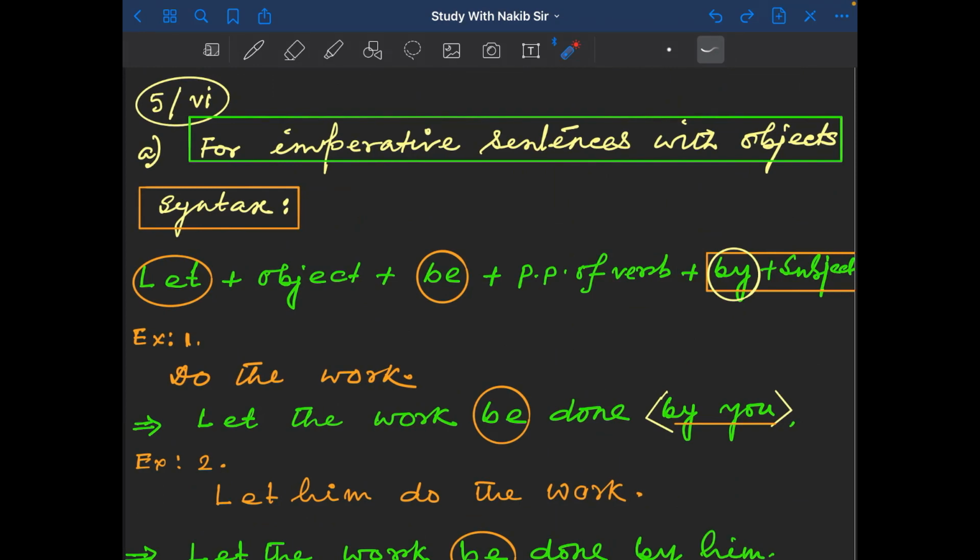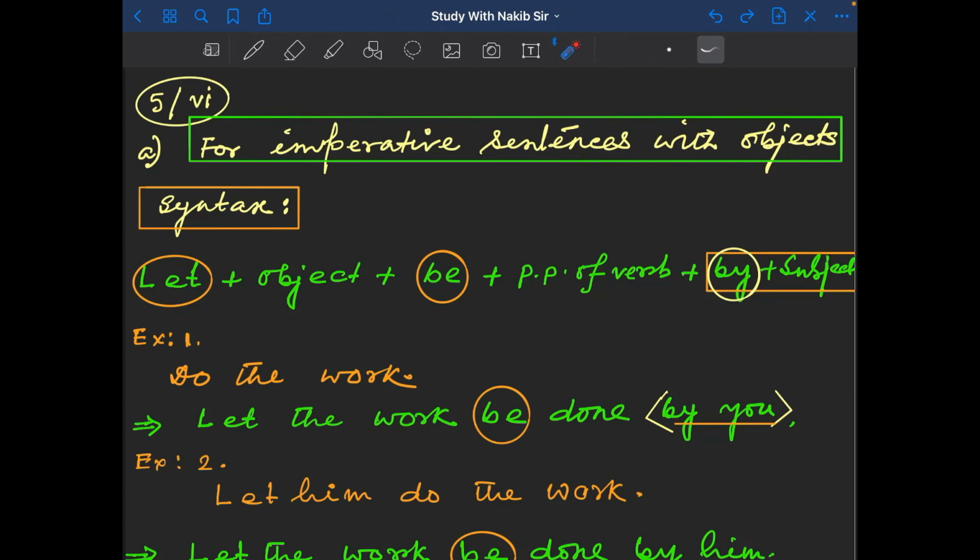Now about the imperative sentences. Okay, I think two types of imperative sentences are there. One type of imperative sentence has an object, and another type has no object.